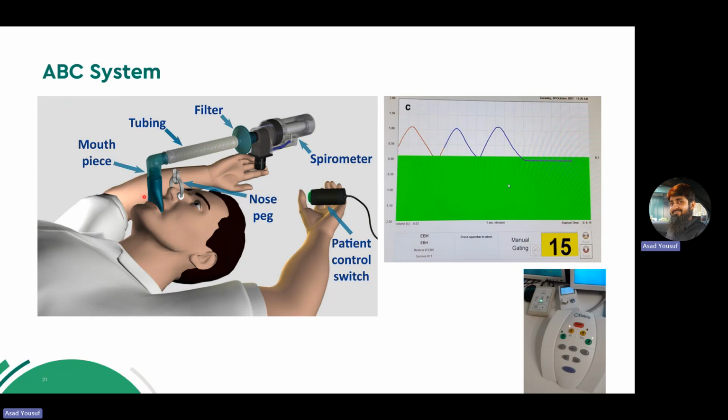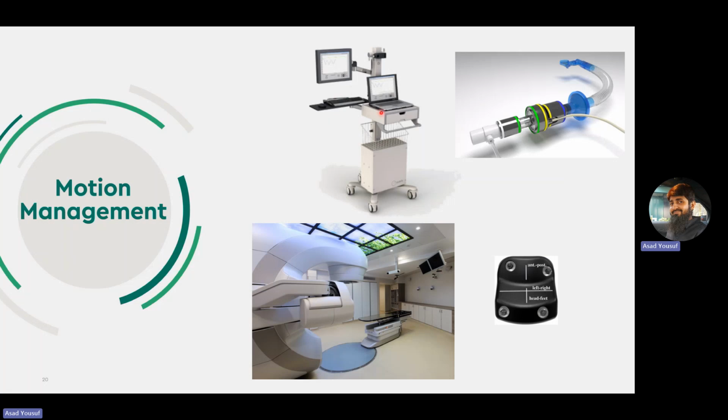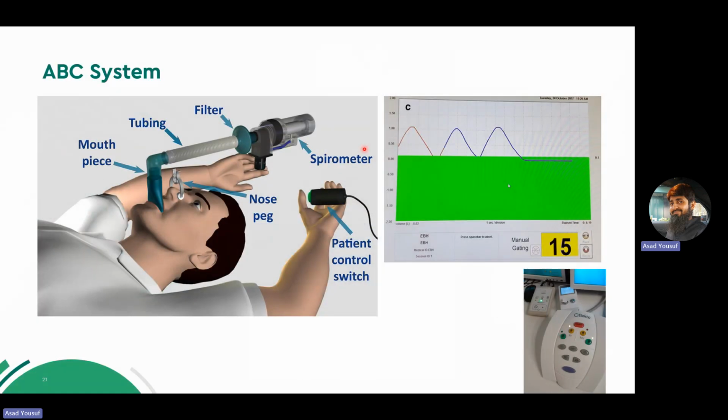You position the patient, and this device is attached to that computer system that you saw, and one of the laptops is on the console to monitor the breathing pattern of the patient.